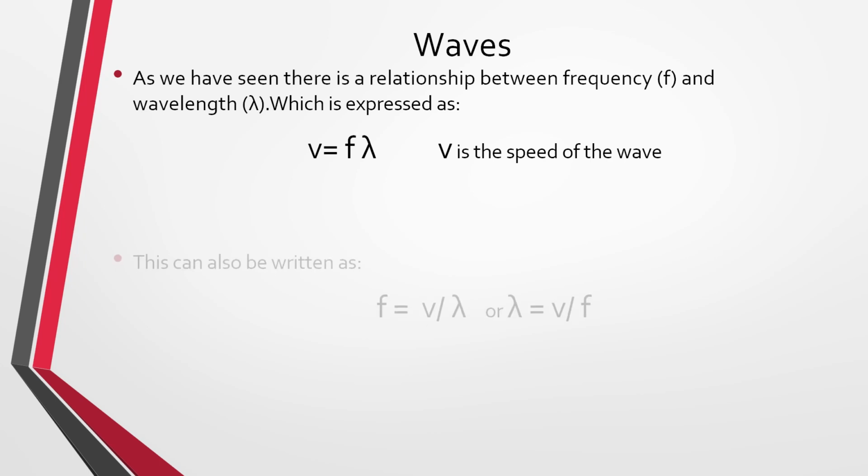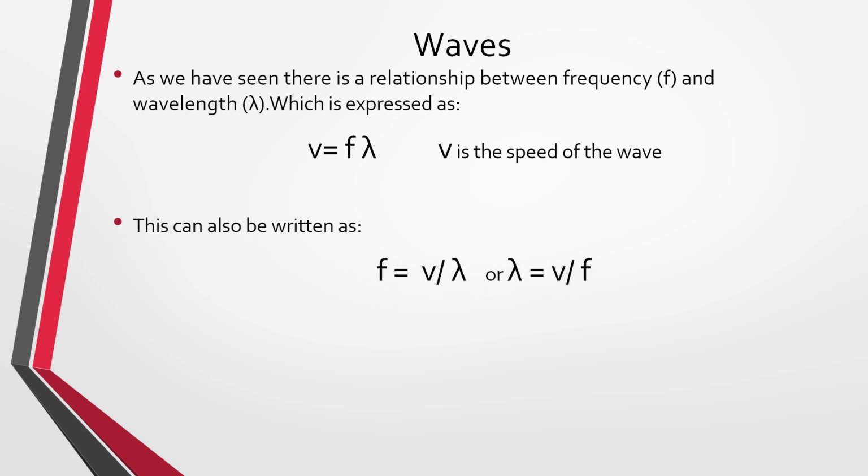It can also be written in a couple different ways, where f equals the speed of the wave divided by the wavelength, or you can also solve for the wavelength. So wavelength equals the speed of the wave divided by frequency.